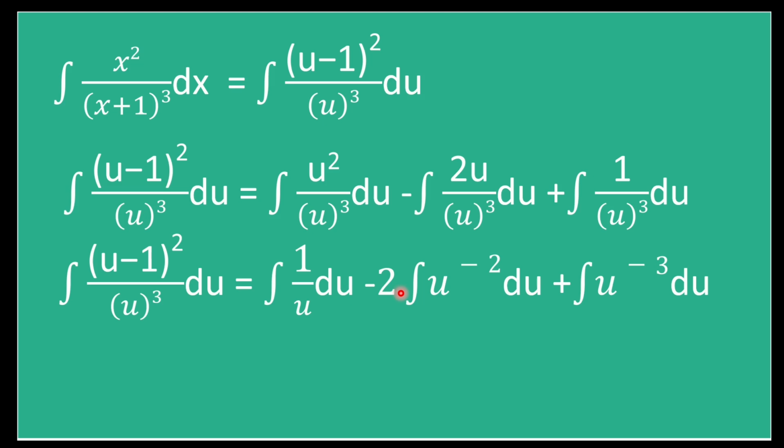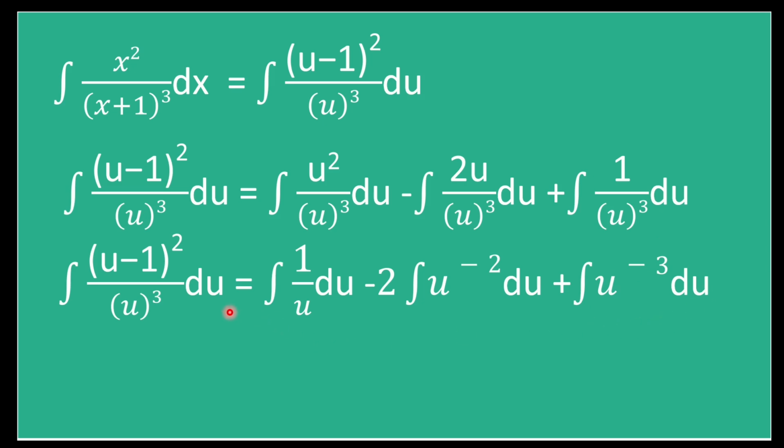This will be minus 2 into the integration of u to the power minus 2, because one u will cancel, so this will become u squared in the denominator, and when we send it into the numerator, this will become u power minus 2 into du. And similarly, when we send this from denominator to numerator, this will become u power minus 3 into du.